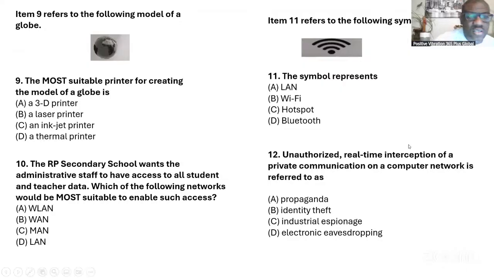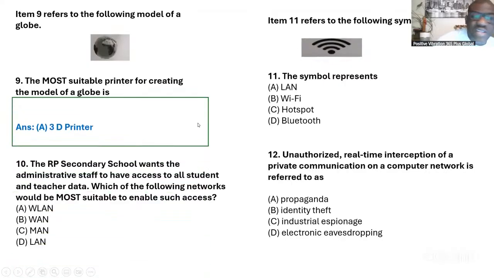All right, let's go. Question number 9, the most suitable printer for creating a model of the globe is, as you know, a 3D printer. Number 10, the RP secondary school wants the administration staff to have access to all student and teacher data. Which of the following networks would be most suitable to enable such access?